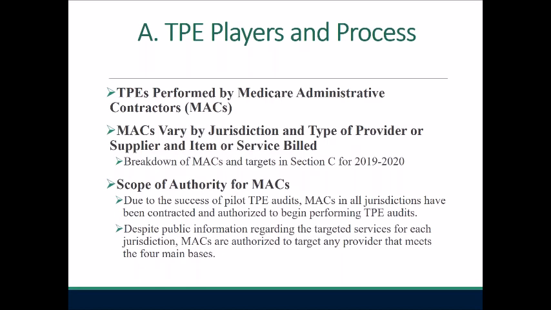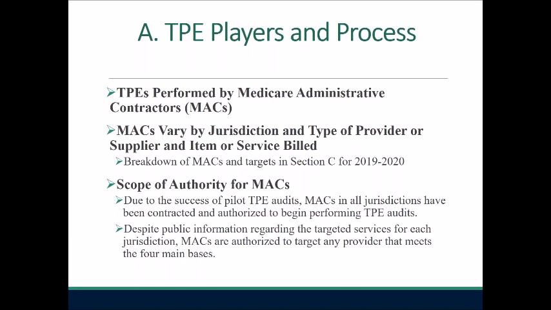I think I've been defending a TPE in almost every jurisdiction in the country at this point. So despite public information regarding the targeted services for each jurisdiction, which is released on the different MACs' websites or the CMS website regarding TPEs, or even housed within the OIG Work Plan, if you want to read that library of information, you can find it there too.